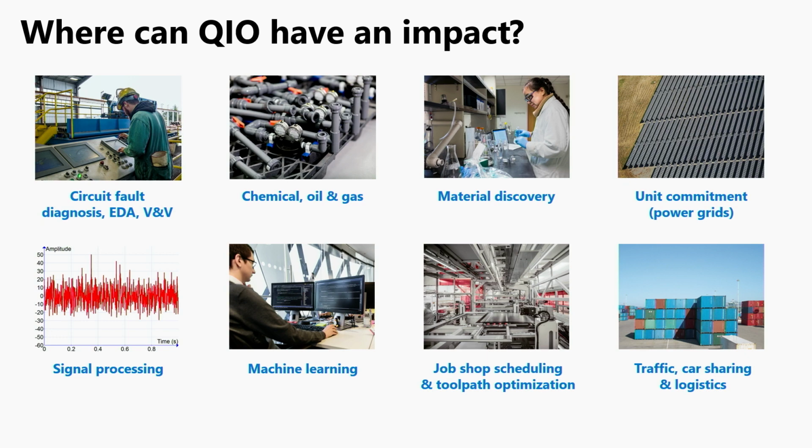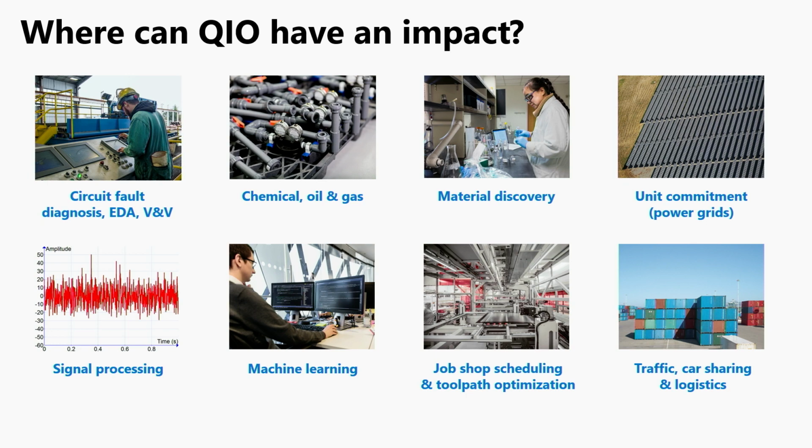Starting from circuit fault diagnosis to electronic design automation or verification and validation, which are very important if you want to, for example, build electronic components or build a jet that flies, to chemical, oil, and gas, material discovery, I'll show you some results about that later, unit commitment, as I said, power grids, signal processing, machine learning to a lesser extent because the landscapes in these problems tend to be a little bit more convex, so they're a bit easier.